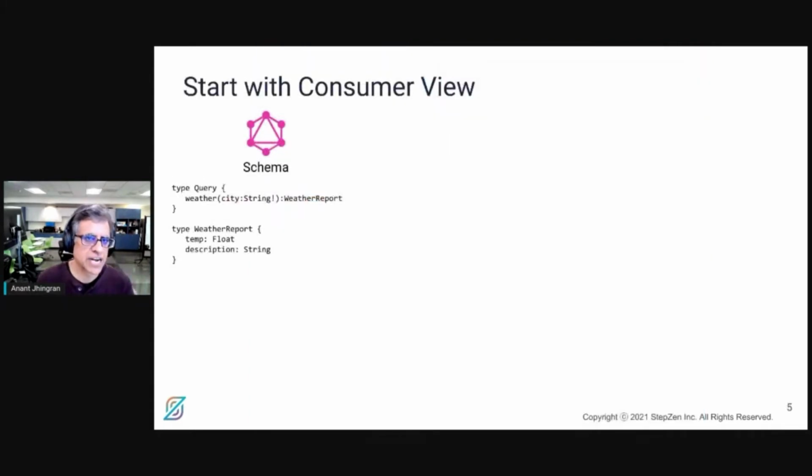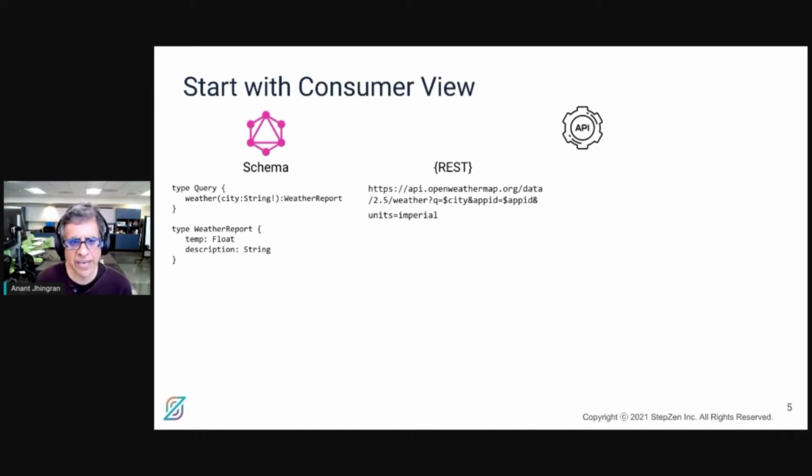So you can, for example, start with a consumer view. Let's say that you're building a mini app for weather. You may declare a type query which returns the weather associated with a city, and the only fields that you care about are the temp and the description. That query may end up executing a REST call, in this case against OpenWeatherMap, and will make the appropriate parameter substitutions.